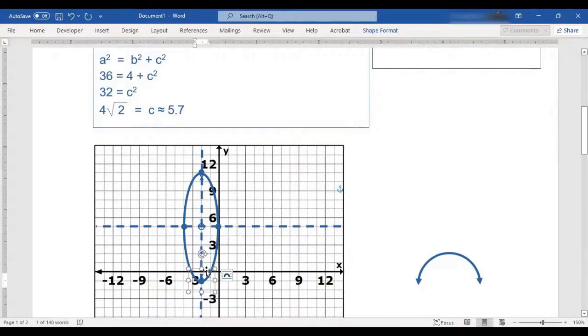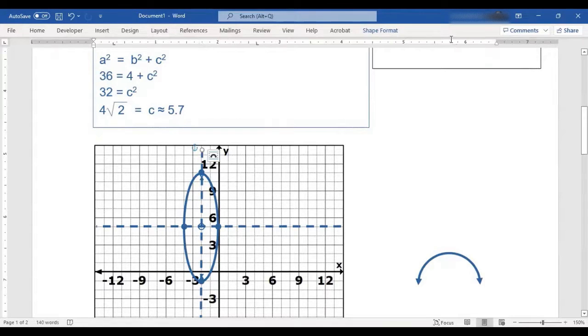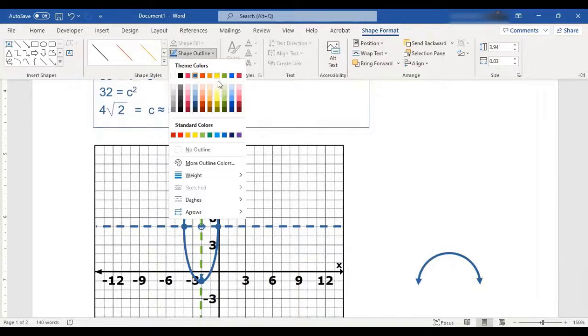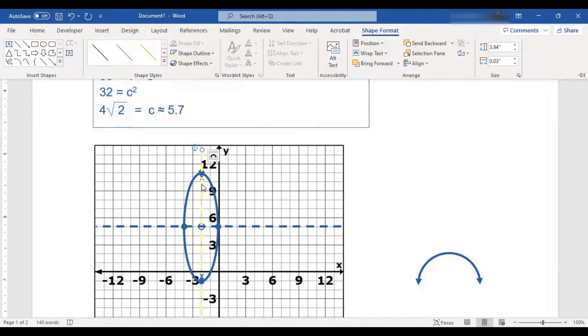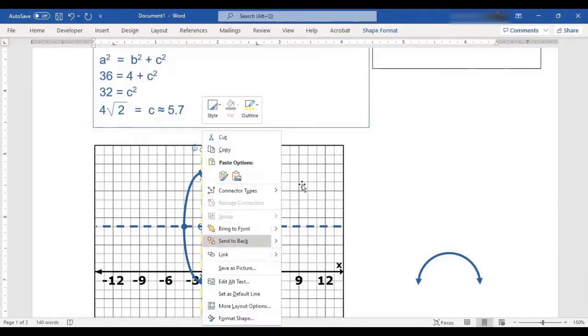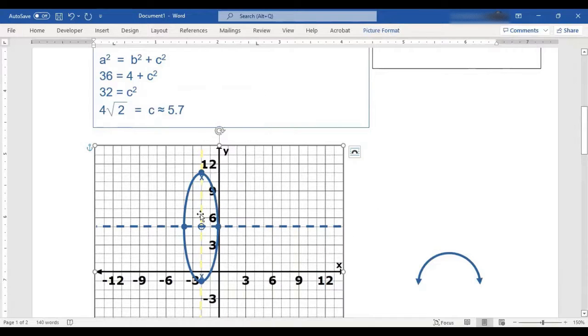All right, and then we can't really see those that well, so I'm just going to go ahead and change the color of that to something lighter. And let me send that backwards, send that to back. There we go. Now we can kind of see those foci.